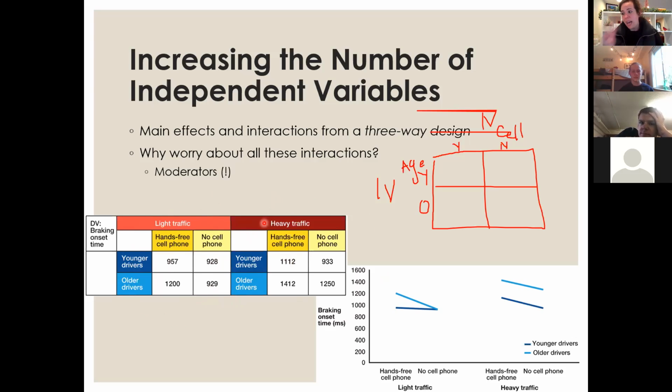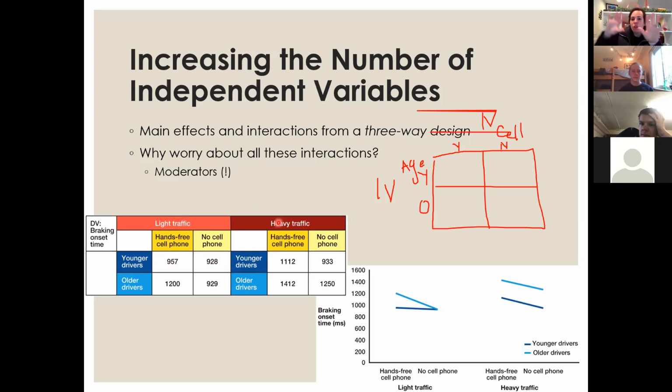So we're seeing three patterns here. One of them, not described in here, is that overall, younger drivers brake faster than older drivers. If you're not on a cell phone, you're braking faster than if you are on a cell phone. And if you're in lighter traffic, you're braking faster than in heavy traffic.